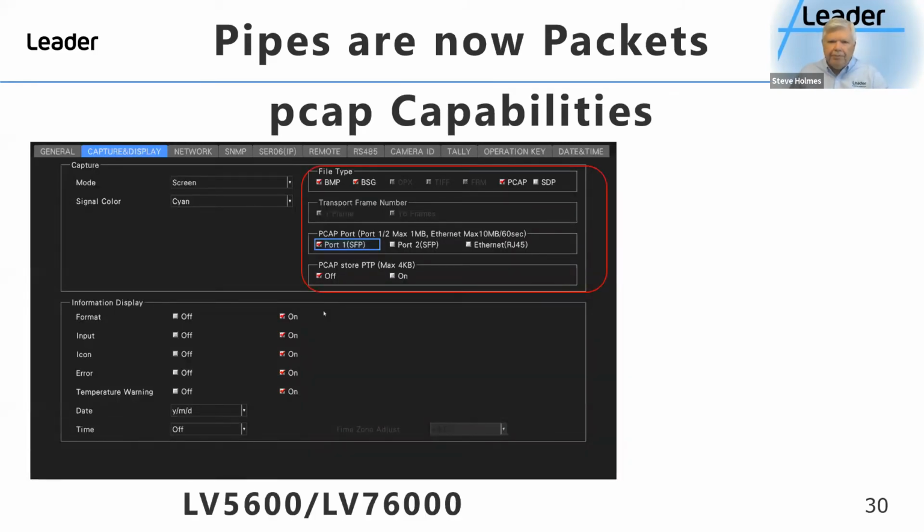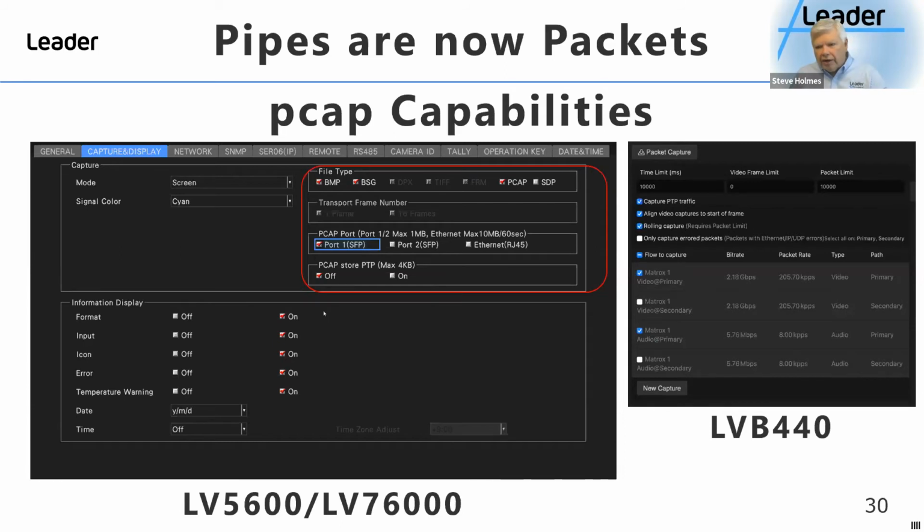And we have the ability to grab a PCAP from either port 1, your red network, or your blue network, or the control network, and send that off or examine it yourself. Or we can pre-filter it. If you just want to see the PTP, the timing data, we can turn the pre-filter on and just look at that.